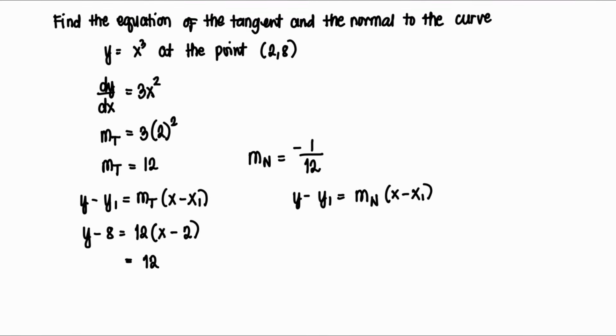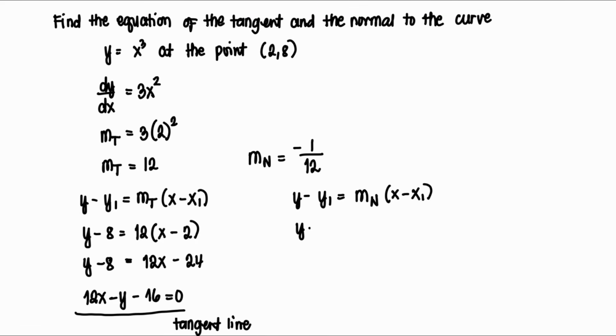So simplifying, that's 12x minus 24, equal to y minus 8. The general equation of the line, therefore, is 12x minus y minus 16 equals 0. This is now the equation of the tangent line.